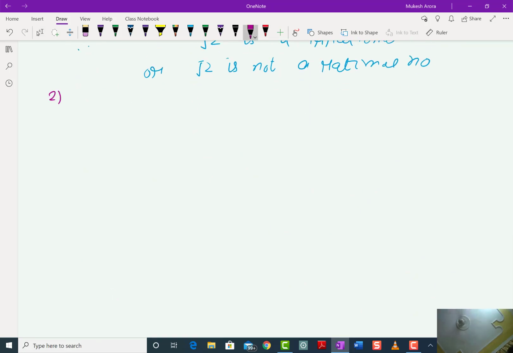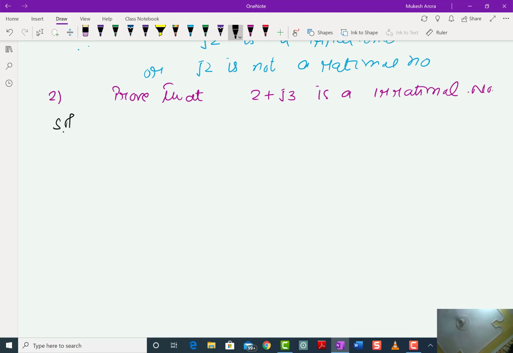Second type of sum you will get, prove that 2 plus under root 3 is an irrational number. Let 2 plus under root 3 be a rational number. Therefore, 2 plus under root 3 is equal to a. We can assume like this also.